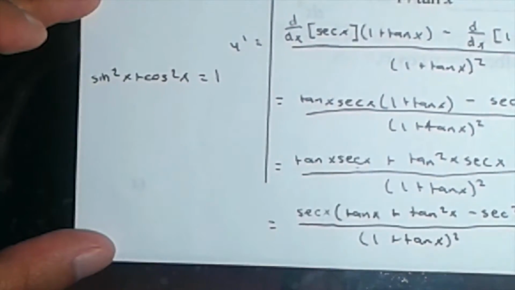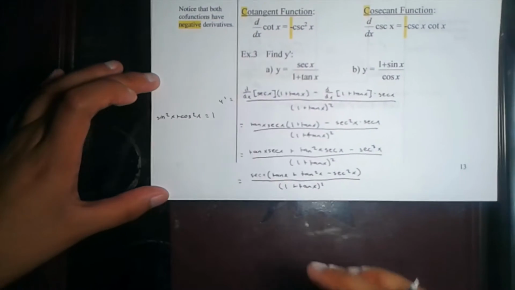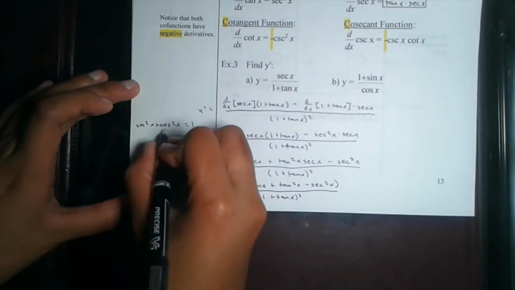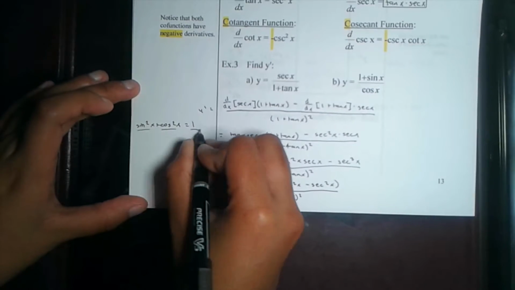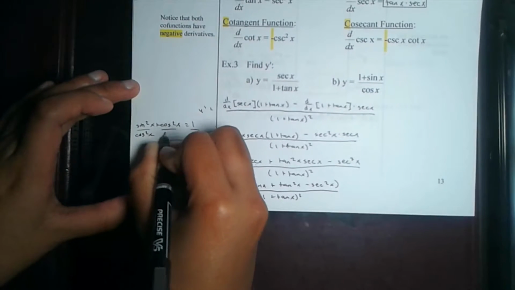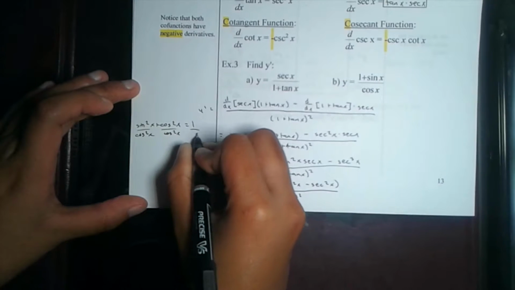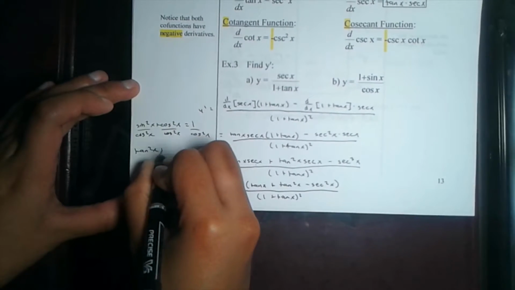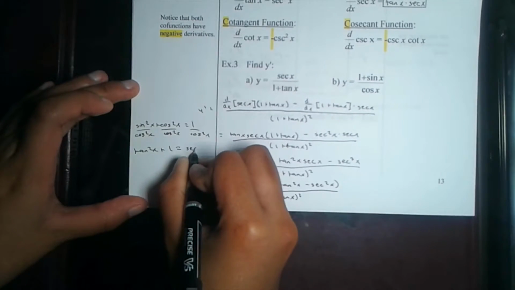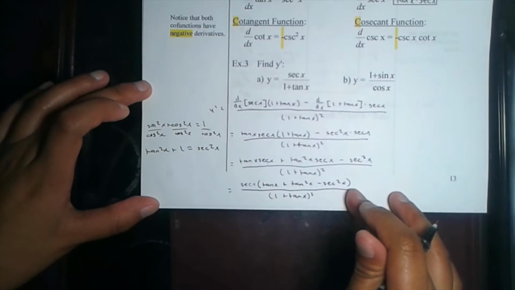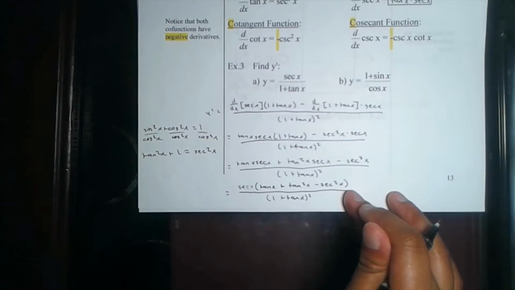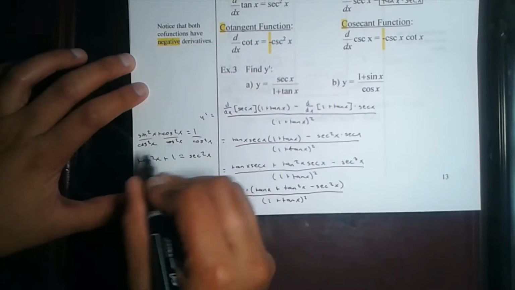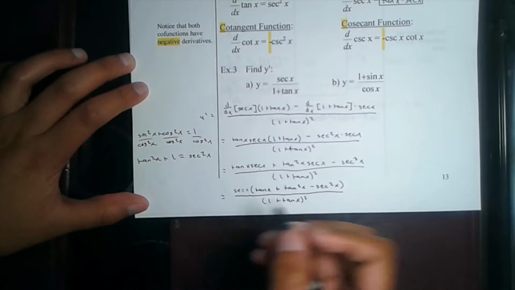And so if you just divide all of them by cosine squared x, you'll see that you could get tangent squared x plus 1 equals secant squared x. And if you just rearrange it, you'll find a way to make that work.